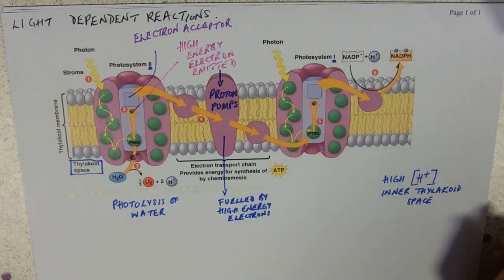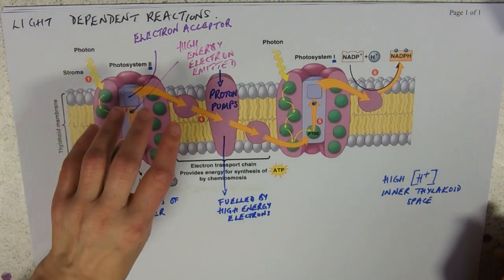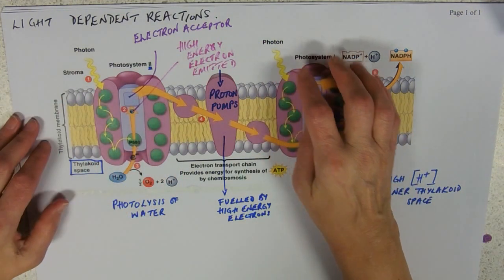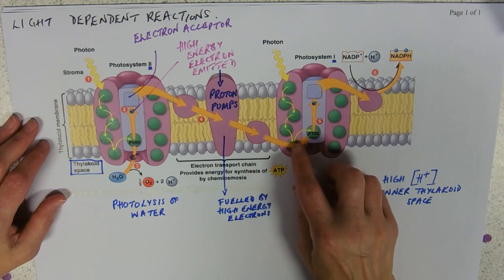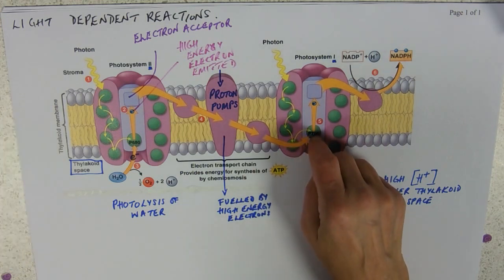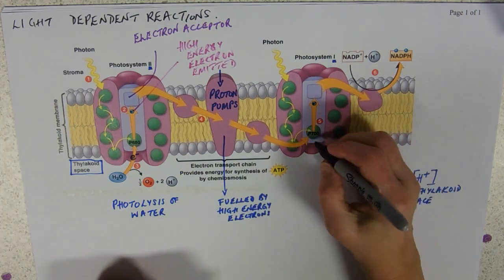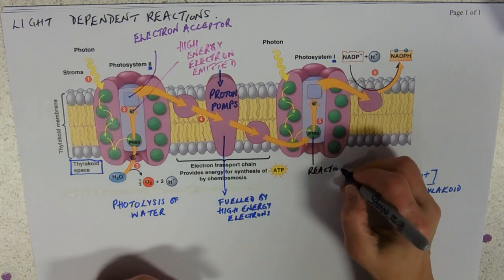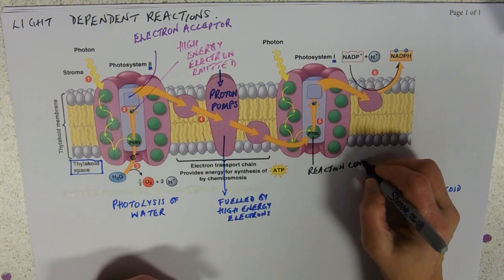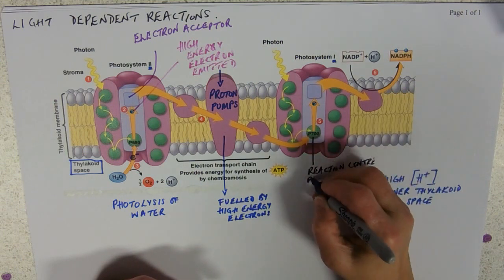Now, Photosystem I does exactly the same as Photosystem II in terms of absorbing light energy, being passed down from accessory pigment to accessory pigment and into the reaction centre here. So this is our reaction centre. What's there? Now primary pigment.